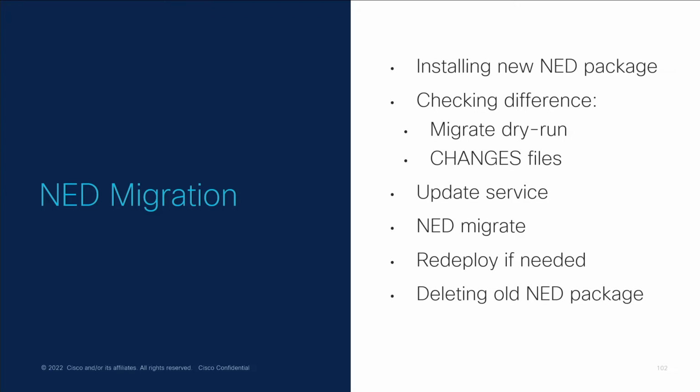If something touched your service, you can update your service, and that would include the YANG model if you have references, or templates, if you reference the NED YANG in the service through the makefile and then import in the NED, that would be something that you have to update.